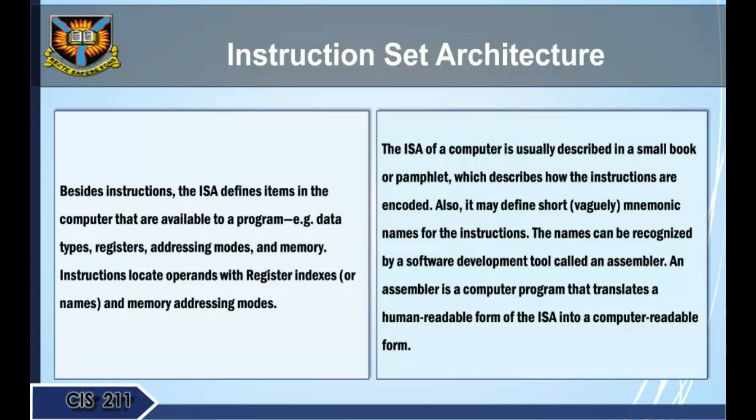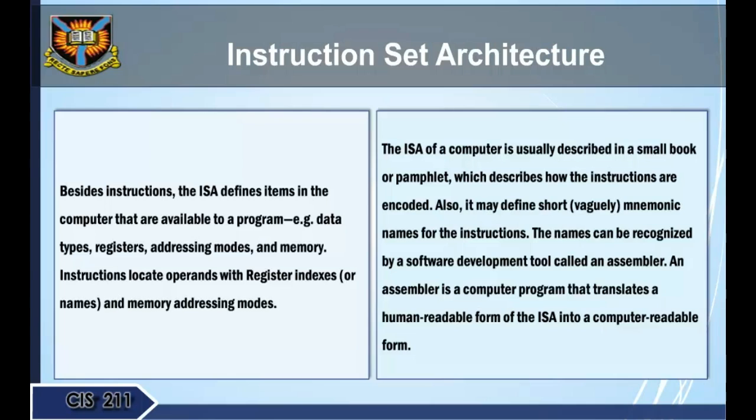Besides instructions, the ISA defines items in the computer that are available to a program, e.g., data types, registers, addressing modes, and memory. Instructions locate operands with register indexes or names and memory addressing modes. The ISA of a computer is usually described in a small book or pamphlet which describes how the instructions are encoded.